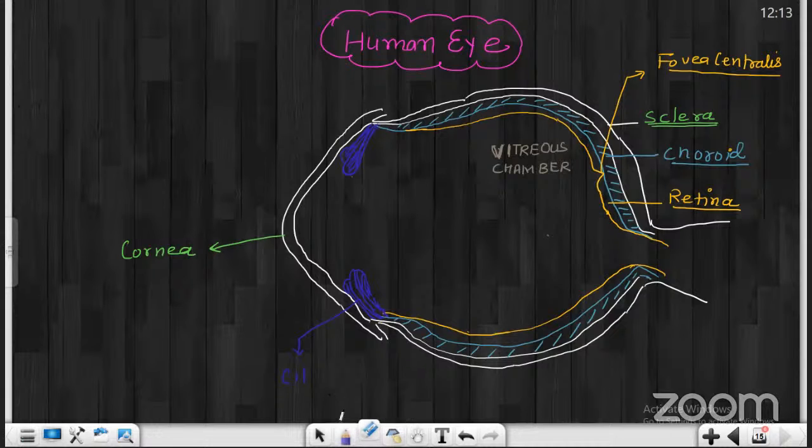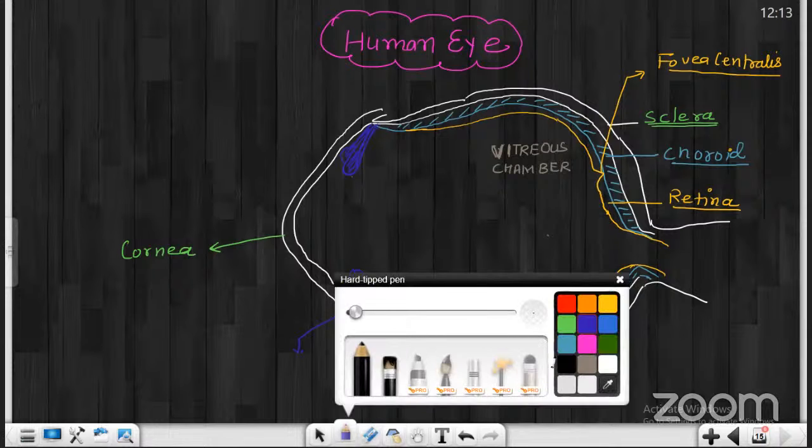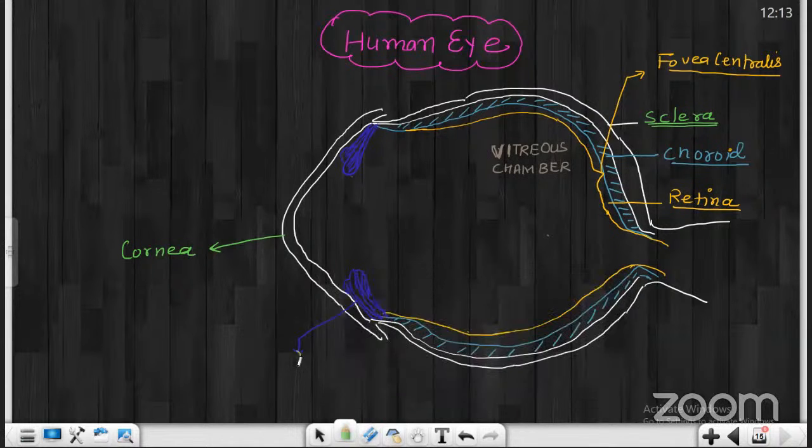विजन थोड़ा डार्क होगा इसलिए इसको मैं कलर वाइट से लिख देता हूँ. Ciliary body. And ciliary body के just ऊपर की तरफ we will have an iris. यहाँ से iris develop होगा.